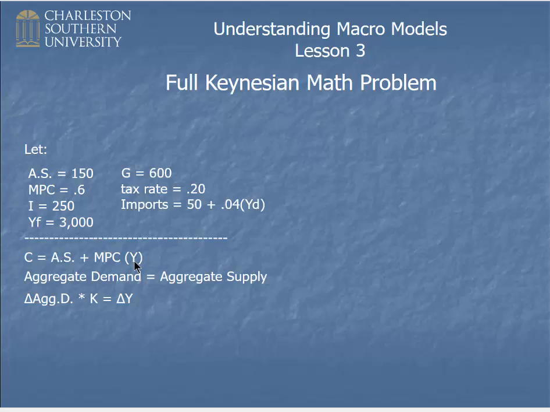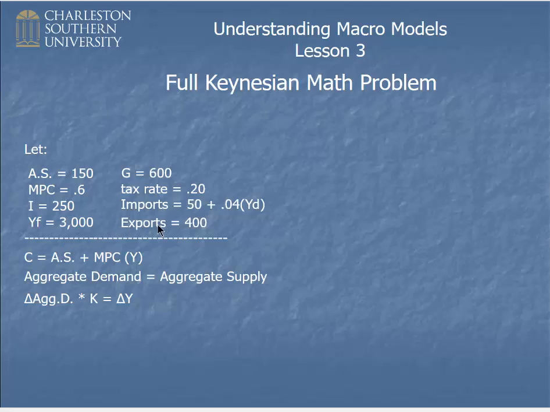But that was before we had taxes. Once you introduce taxes, people don't spend based on their gross income. They spend based on their after-tax income. So how much we import depends on your after-tax income. That's this thing. YD stands for disposable income. That's your income after taxes.